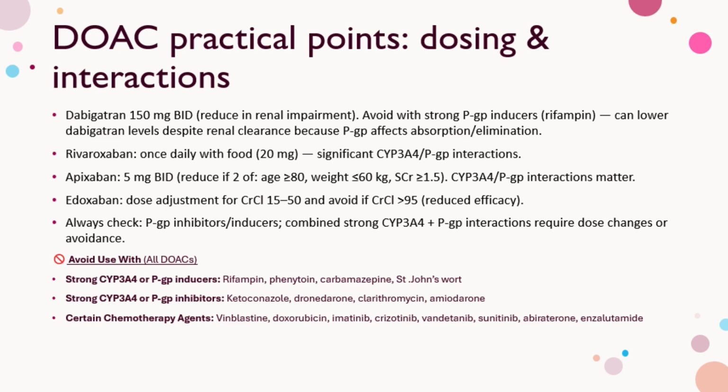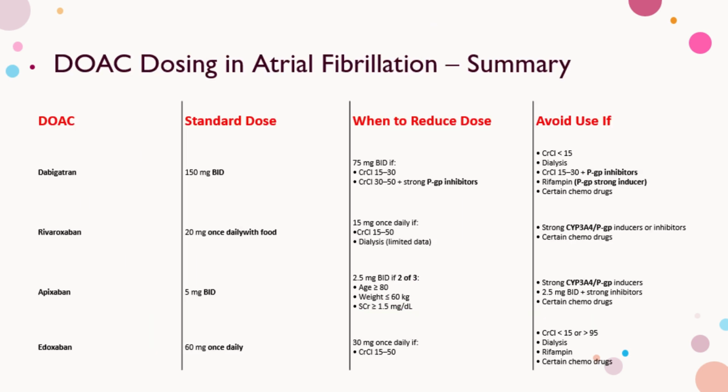Strong inhibitors, e.g., ketoconazole, itraconazole, clarithromycin, ritonavir, increase plasma concentrations and bleeding risk. Renal elimination is significant, about 80% for dabigatran, 50% for edoxaban, 35% for rivaroxaban, and 25% for apixaban, making renal function assessment crucial before prescribing.